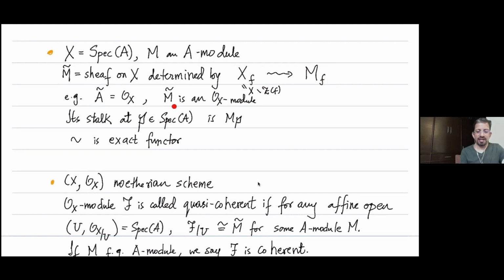So M tilde is an OX module. If M was A, then I'm just looking at OX. And if M is something else, then you can just make it out of OX. So you write down a presentation of M, and you can get a presentation in terms of OX. I forgot to mention here, but the global sections of M tilde is again M. So maybe it's worth writing here.